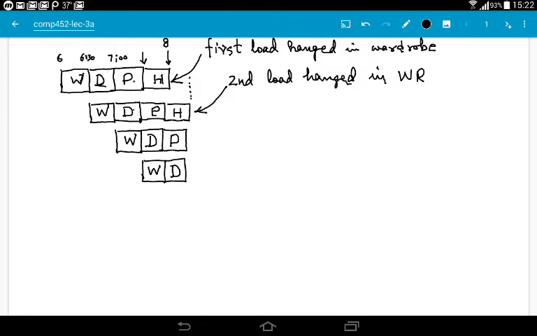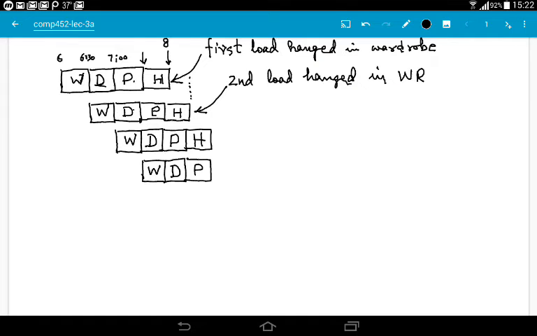Now at 8:30, Hasnat Majava will get the third load and start hanging it in the wardrobe. And Usman will get the fourth load and put it on the table to press.